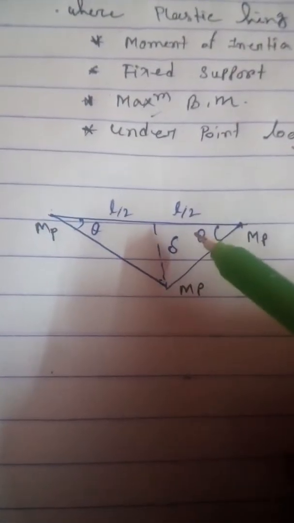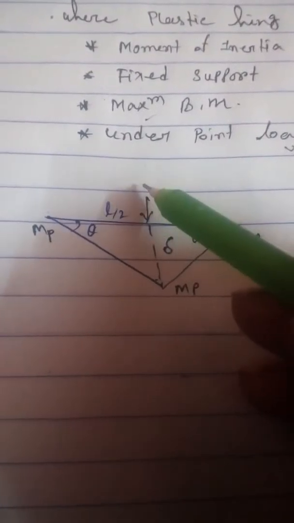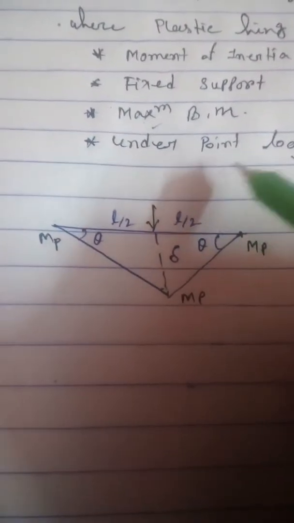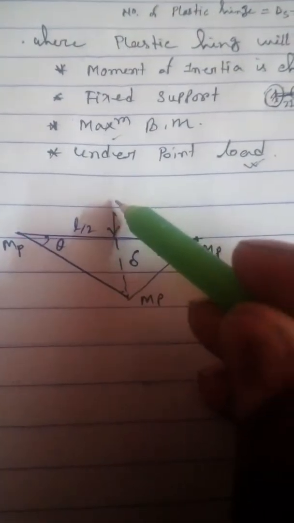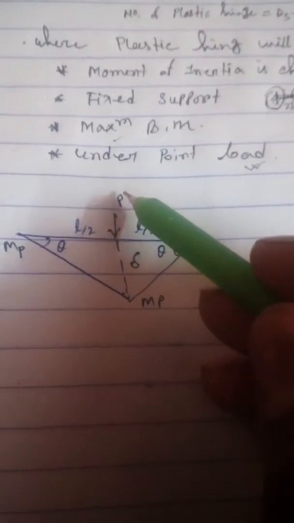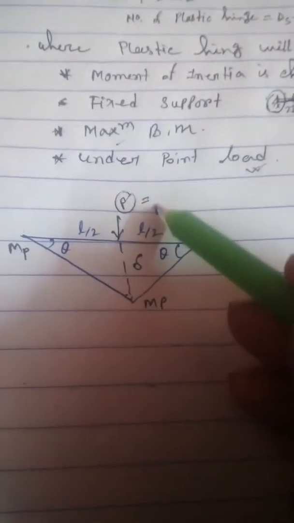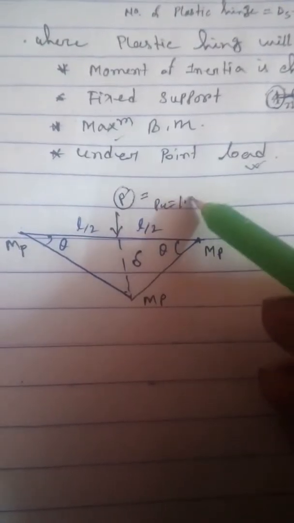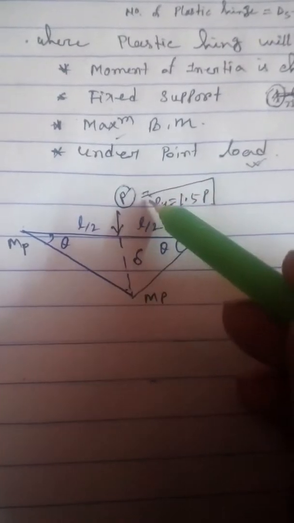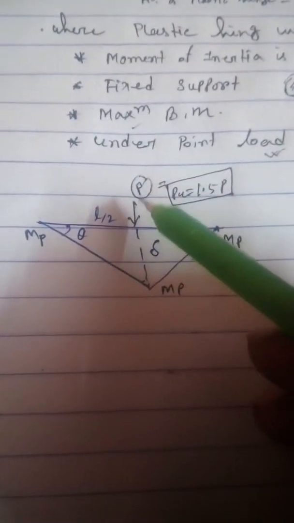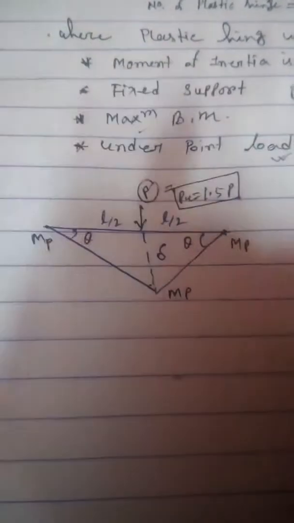Now the load acting here will be considered as the ultimate load, so we have to multiply the working load P by the factor of safety: Pu will be 1.5 into P. We will calculate the moment for the ultimate load, not for the working load.